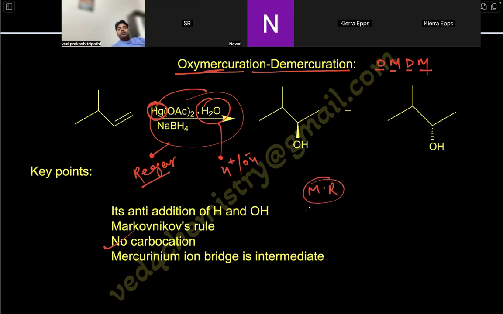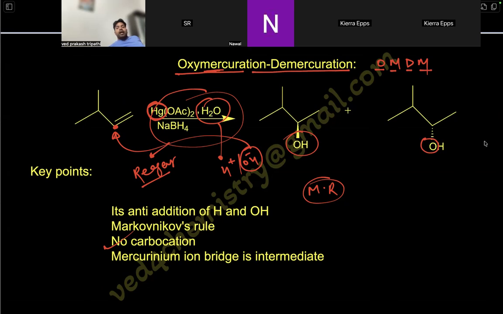So Markovnikov's is what? The negative part of nucleophile, which means OH ion, attacks on the carbon of the double bond which has less number of hydrogens. So over here. So OH is going to attack over here. So you can see. Make sense? I said Markovnikov's.